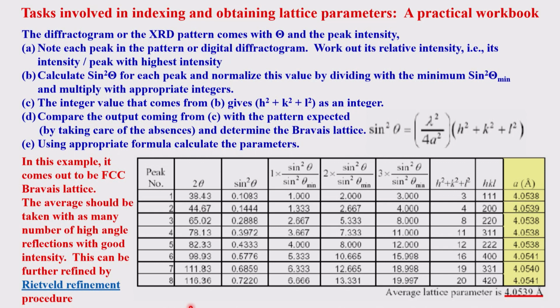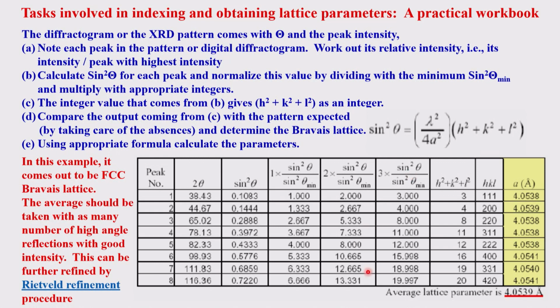We get the 2 theta and the intensities from the diffractometry data, and then you make the sine square theta, and sine square theta by minimum sine square theta ratio is 1, 2, 3, etc. Then you can make this into h square plus k square plus l square as a sum of the values, convert this into the HKL, and using this HKL and the sine theta you can get your a value, which is already known. This is for the cubic phase.